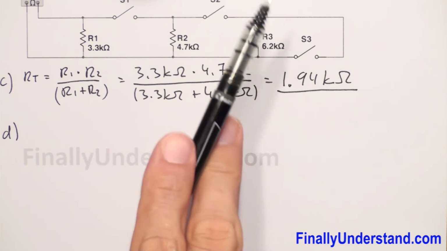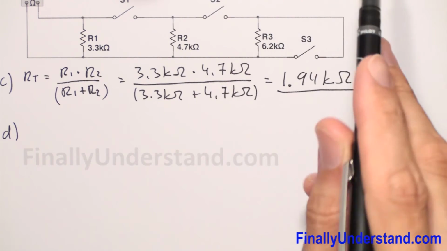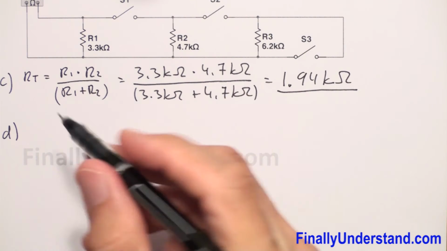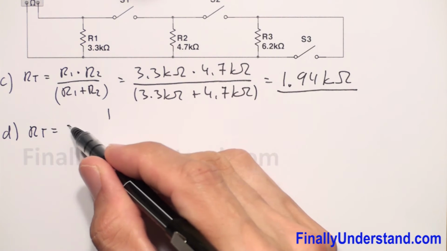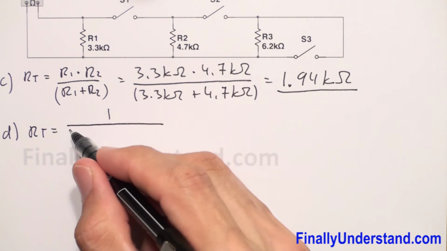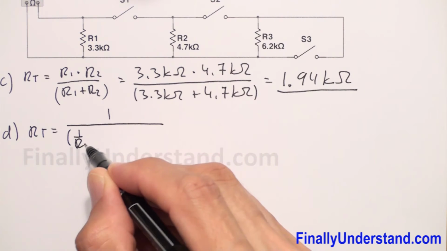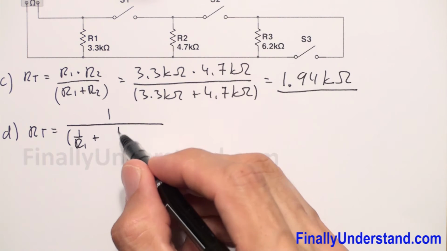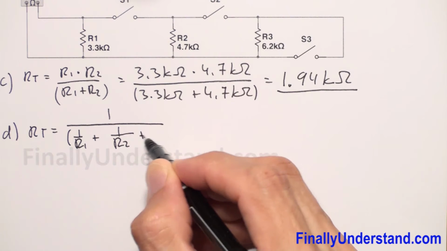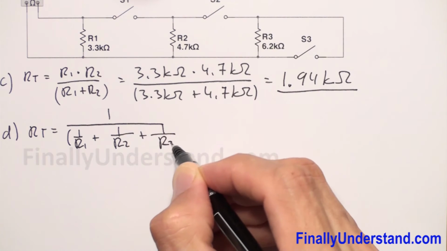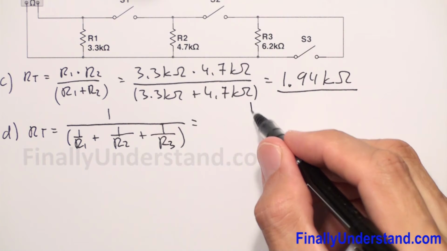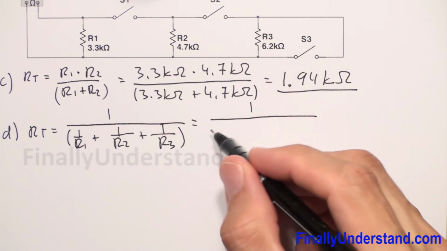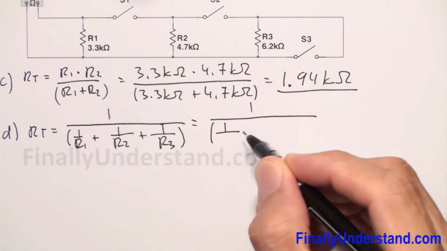S3 is open, that's why we don't care about this part of the circuit. So we have R total is equal 1 over 1 over R1 plus 1 over R2 plus 1 over R3.